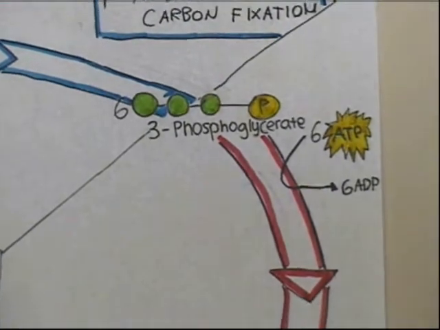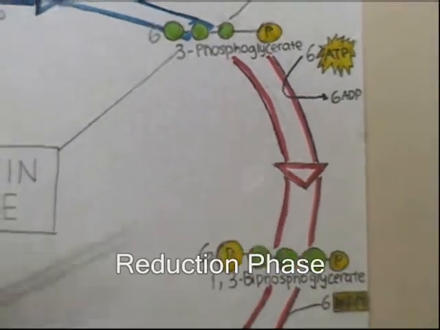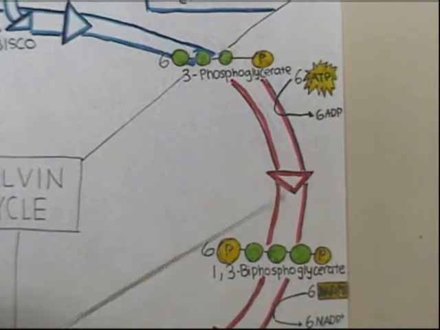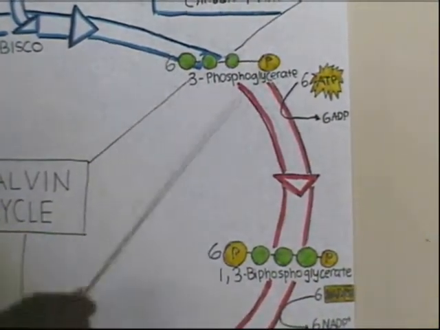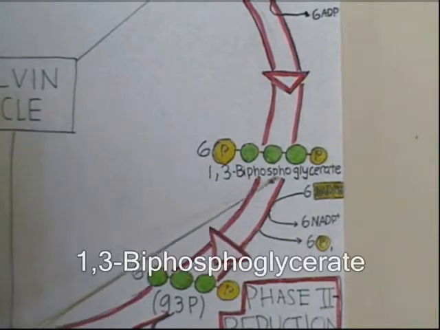So now we enter phase 2, which is known as the reduction phase. During this phase, 6 molecules of ATP combine with these 6 molecules of phosphoglycerate to form this molecule over here: 6 molecules of bisphosphoglycerate.